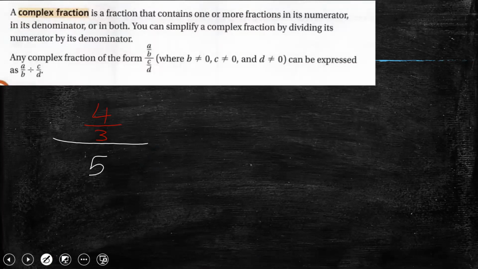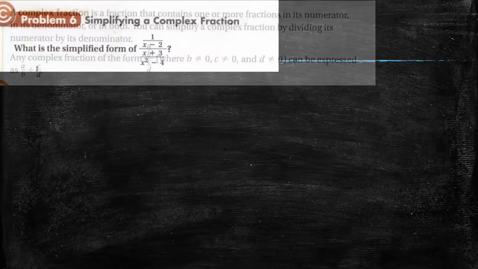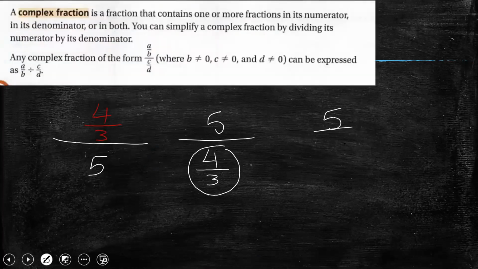Or if you have 5/4/3, this is a complex fraction because look at the denominator here. We have a fraction in a fraction. Or sometimes we can have both of them, like 5/2/4/3.